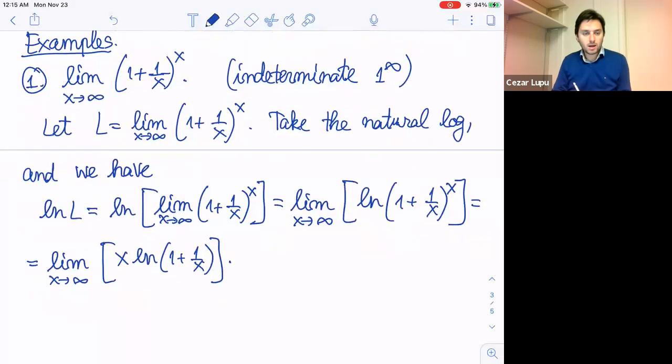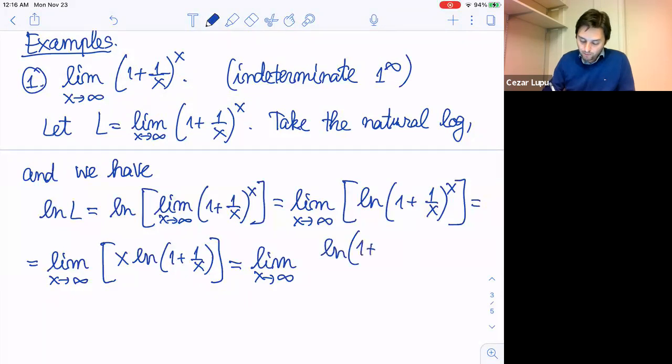If we take the limit as x approaches infinity, this is x, so it's infinity times ln of 1 plus 0. So it's infinity times 0. Well, maybe we can transform this into something else, so maybe we can make it look nicer. We can write this in the following way: the limit as x approaches infinity of ln of 1 plus 1 over x, everything over 1 over x.